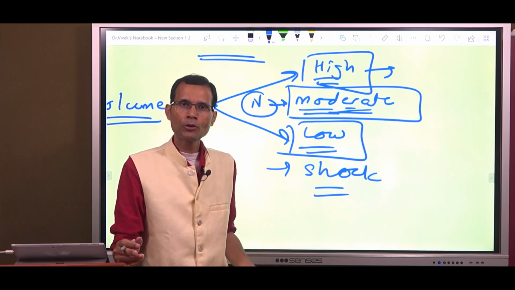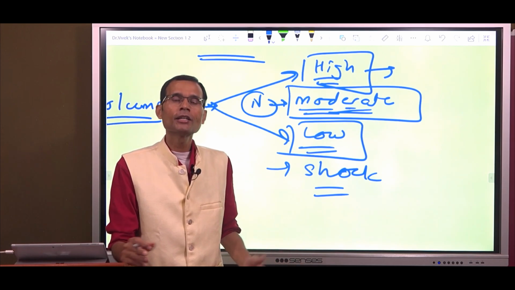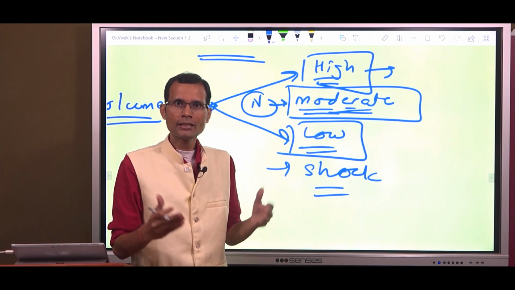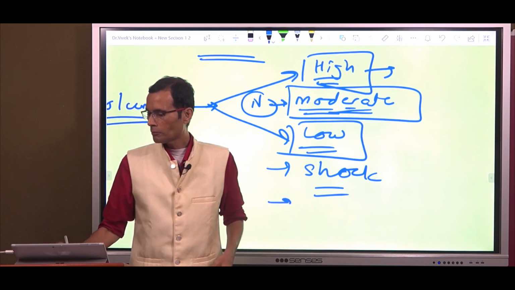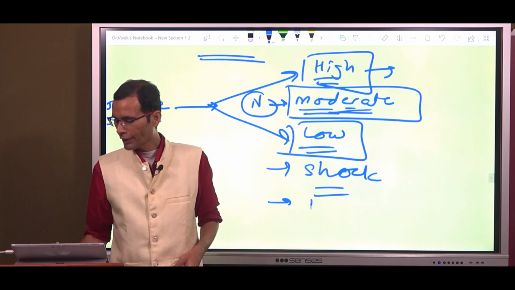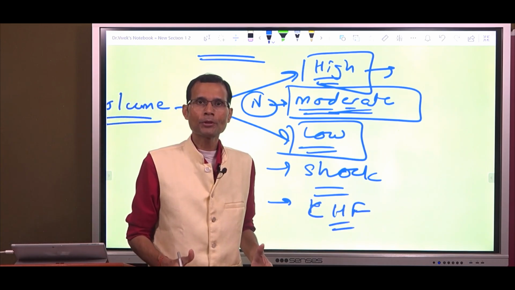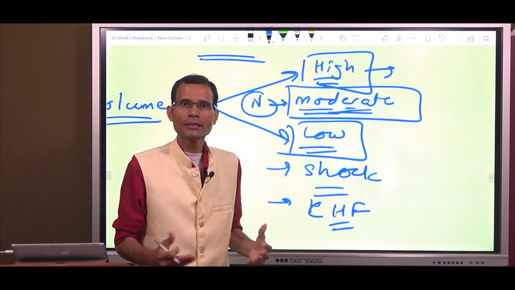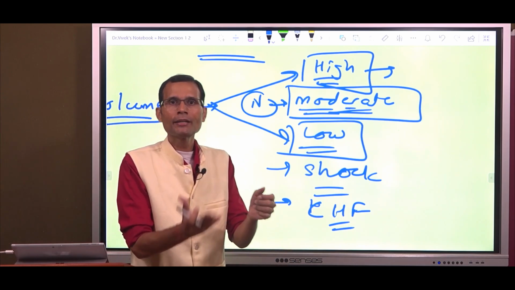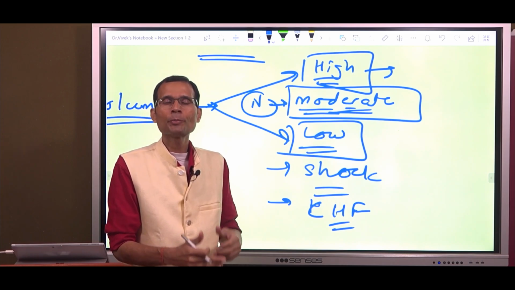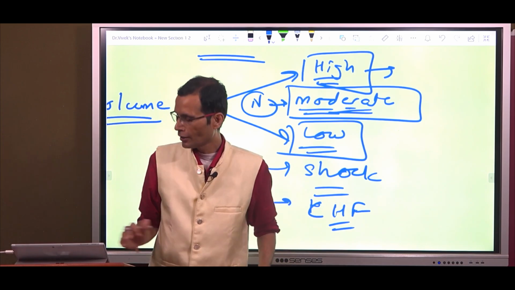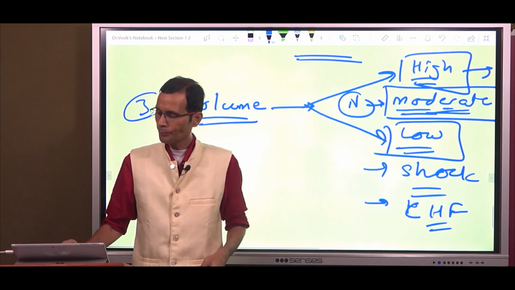So decreased blood volume will affect the volume of the pulse as well. Or conditions like congestive heart failure, where the heart is failing to pump, and since the heart is failing as a pump, the pressure wave generated in the heart would also be very weak and feeble. So you get a low volume pulse.